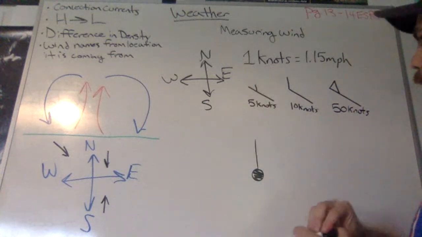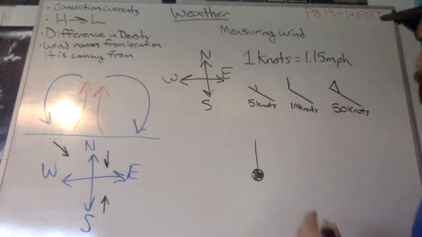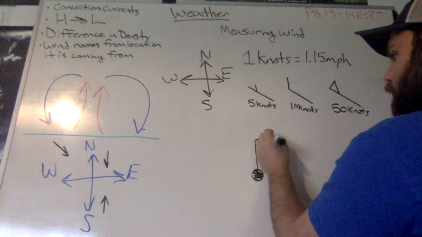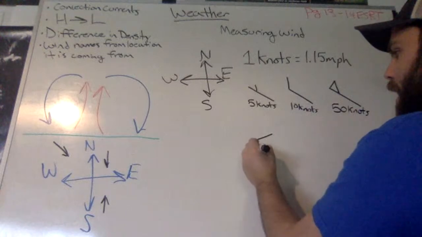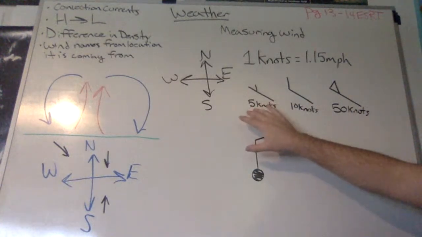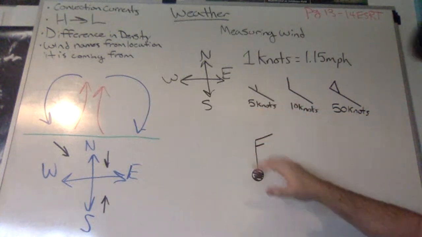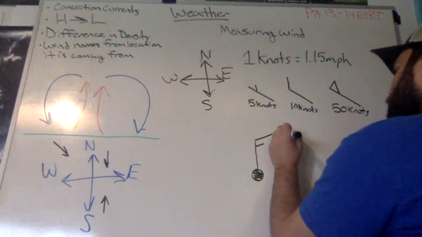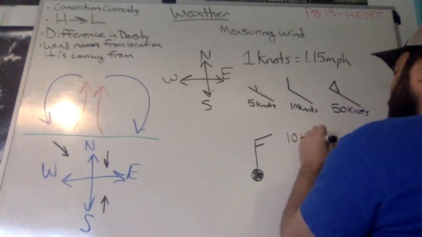Now I'm going to put a couple of these symbols. Let's say I put a big line and a small line. So you get something like this. Knowing that these are the 3 symbols, you're going to count it up. You've got a long line, so you've got 10 knots.